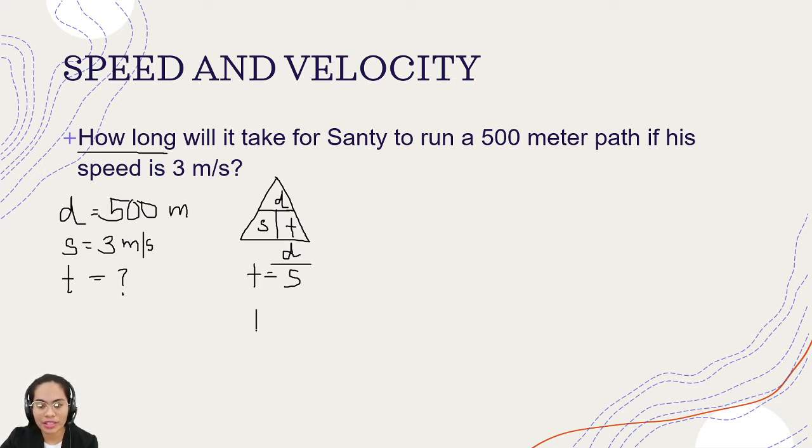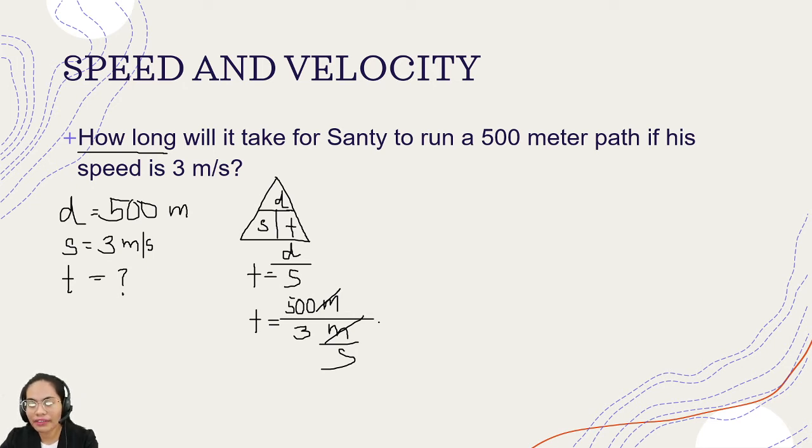Now let's try to substitute the given. Okay, this is 500 meters over 3 meters per second. Okay, so madali mo na lang i-cancel out yung unit na meter para ang matirang unit is for that time, right?